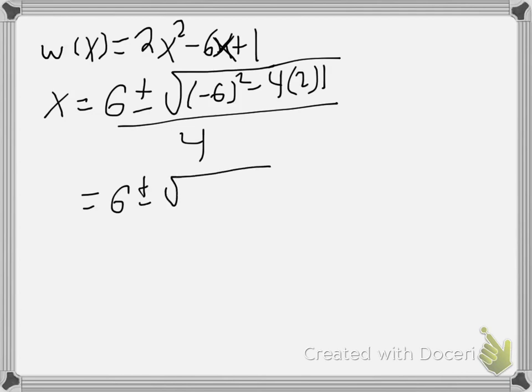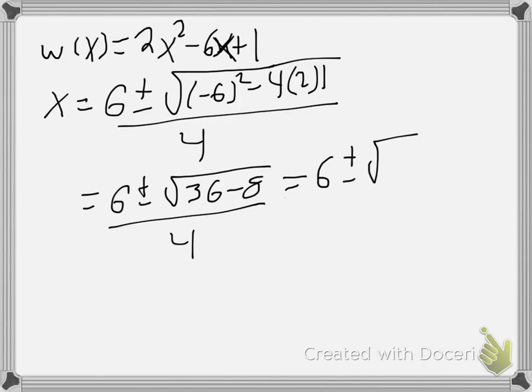which is going to be 6 plus or minus the square root of 36 minus 8 over 4, which gives me 6 plus or minus the square root of 24 over 4. Not 24. What am I doing? That's 28. I subtracted 12. The square root of 28 can still be simplified too. Okay?